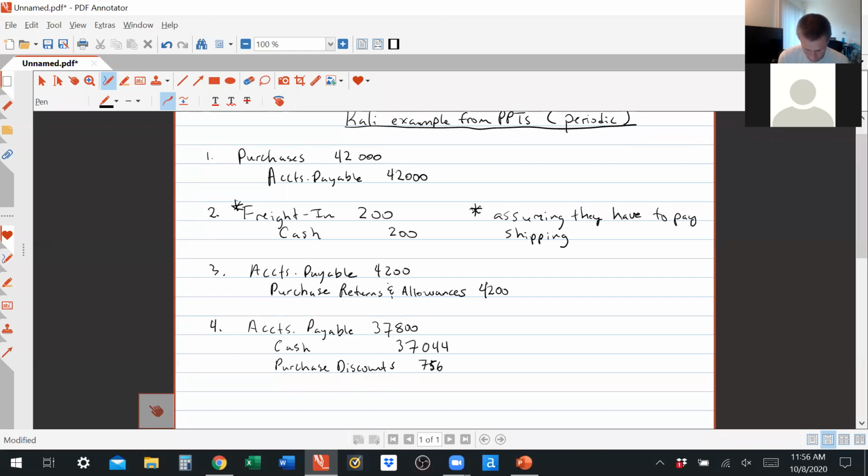Eventually, when we close out the purchase discounts account at the end, we'll debit purchase discounts and credit inventory for 756. Inventory gets credited for the discount, just not right away, only at the end of every period, because we use a periodic system.